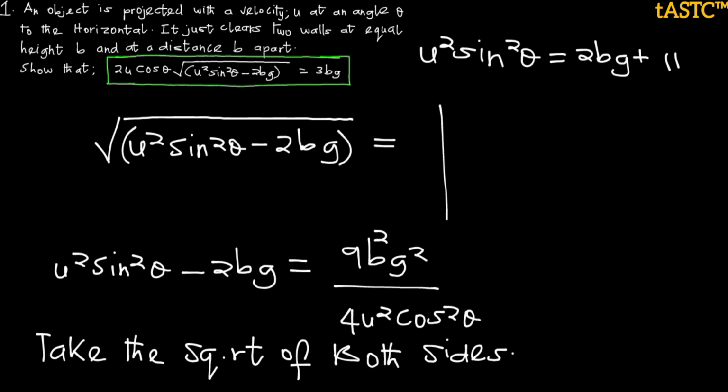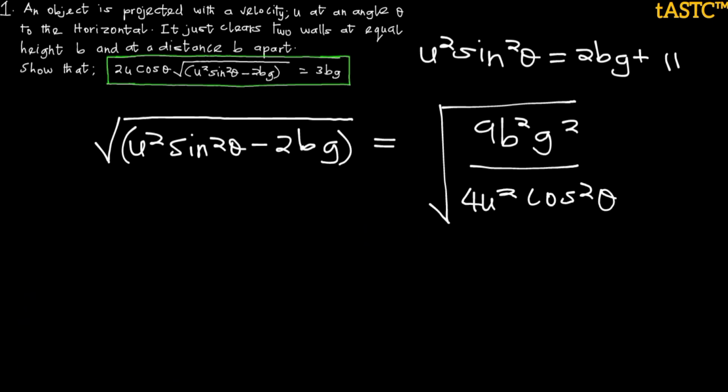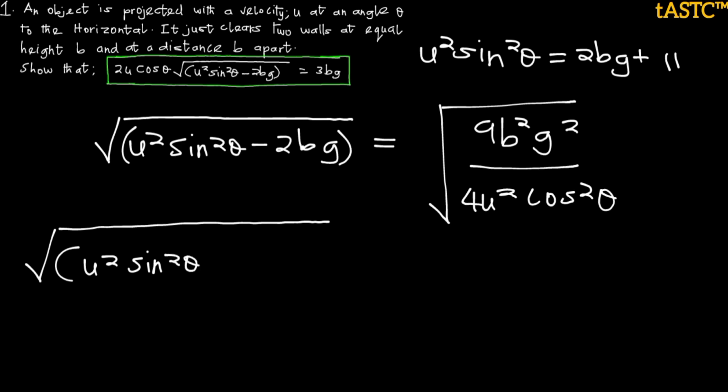And on this side, we're going to have a square root sign for 9b squared g squared divided by 4u squared cos squared theta. So on this side, we're just going to have this maintained, that will be u squared sine squared theta minus 2bg. And on this side, we're going to take the square root of this stuff.